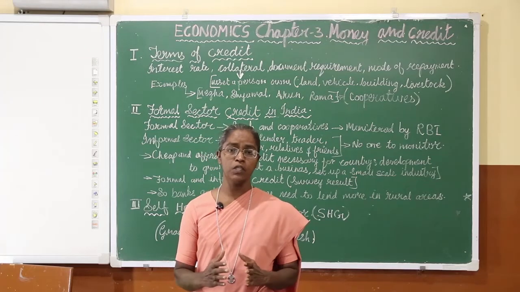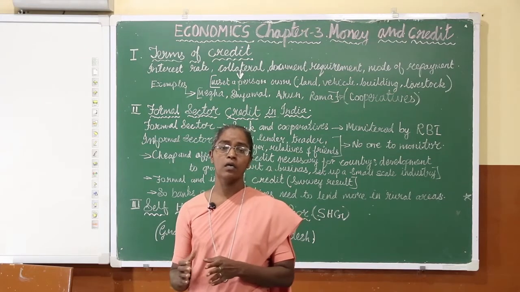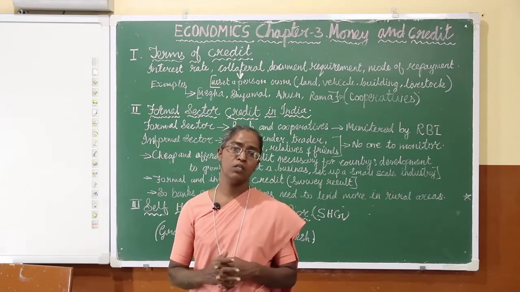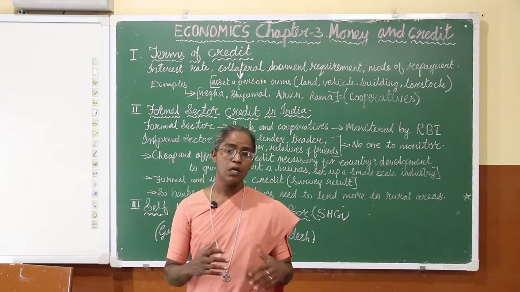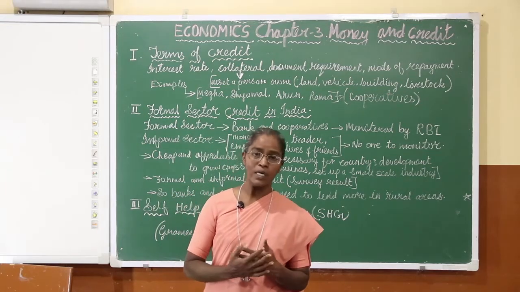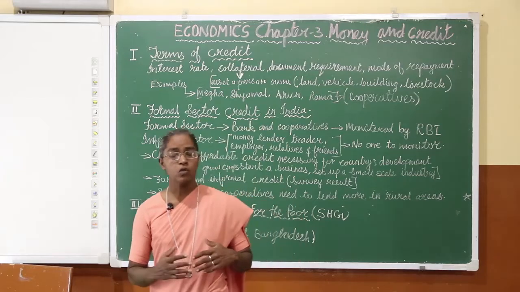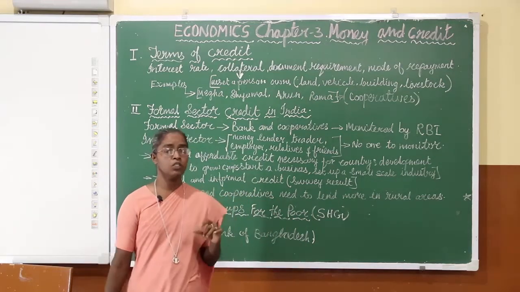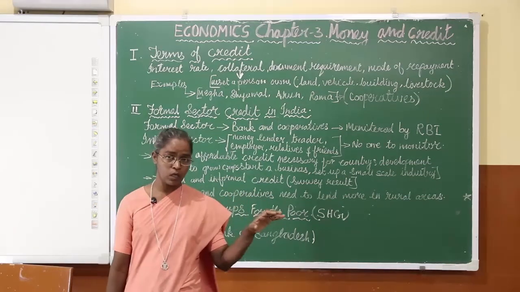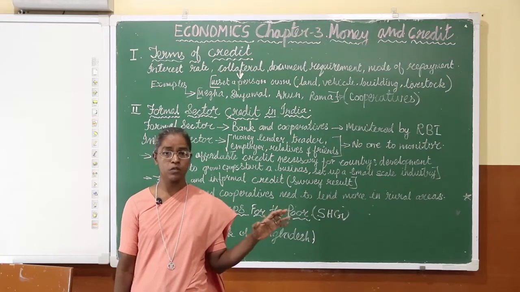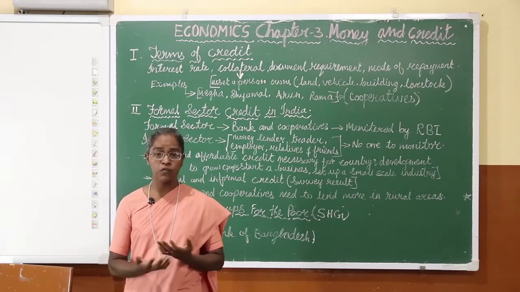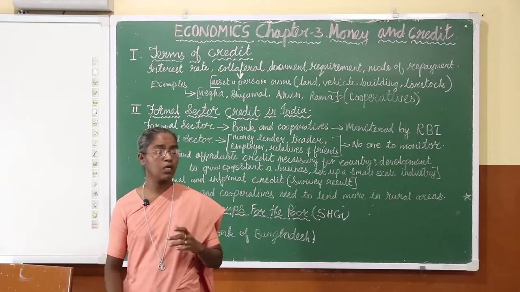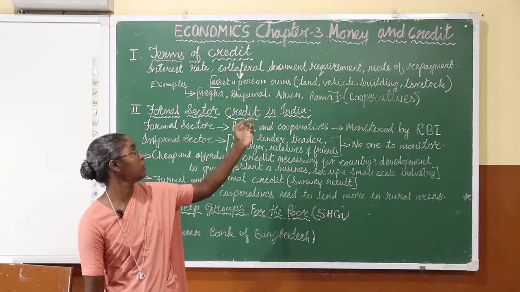For this 50,000 you need to agree that you pay a certain amount as interest. That is called interest rate, and it differs according to the credit which you are taking. So if you are taking 50,000 as the principal amount, then you have to pay back 56,000 or extra, whatever terms they put forward to you.